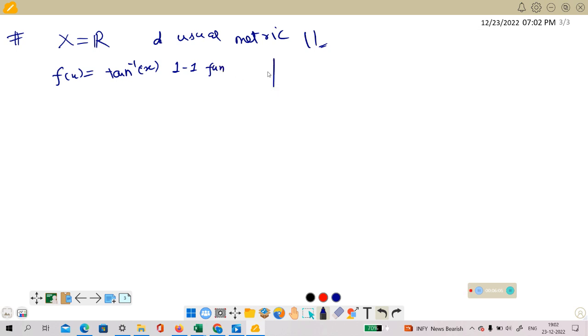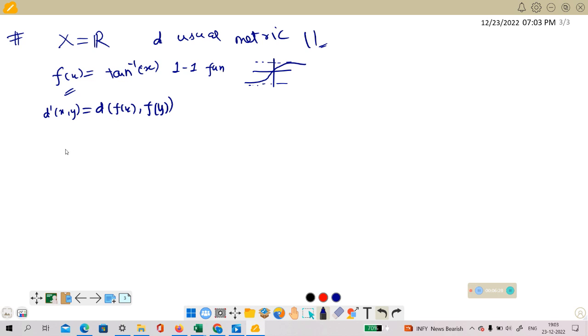We know its graph looks like this, between pi by 2 and minus pi by 2. So this function will induce a metric d', which is defined as d(f(x), f(y)).